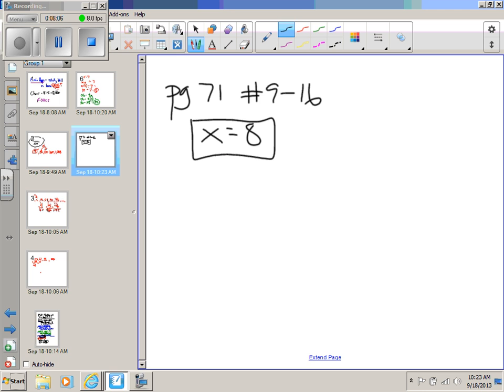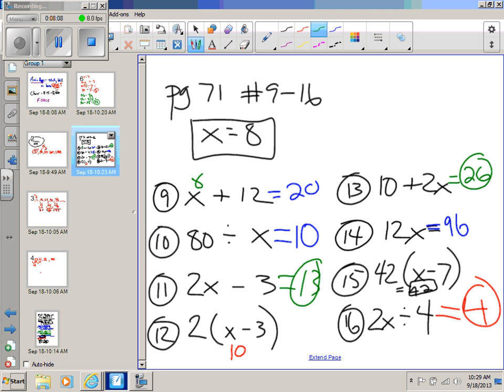When you're done, plug in the 8: 8 plus 12 equals 20. Good. 80 divided by 8 is 10. Good. 11, plug in the 8. 16 minus 3 is 13. Good. Plug in the 8. 8 minus 3 is 5, times the 2 is 10.